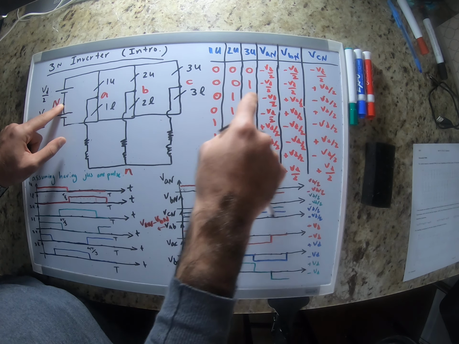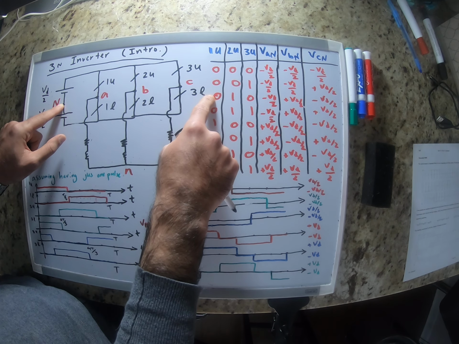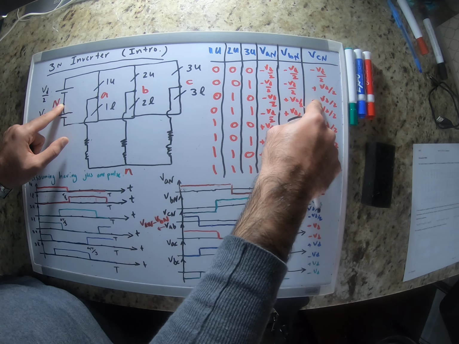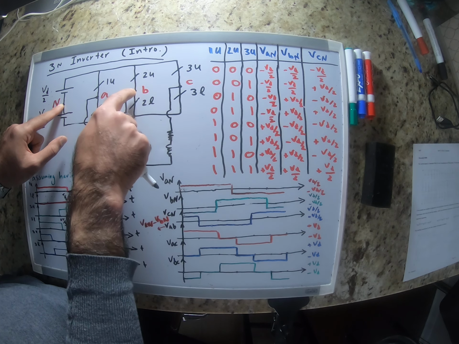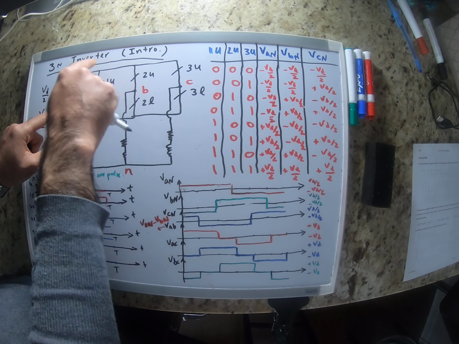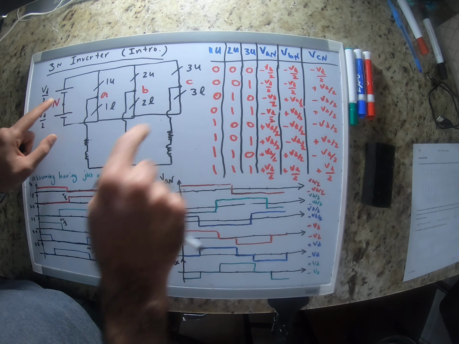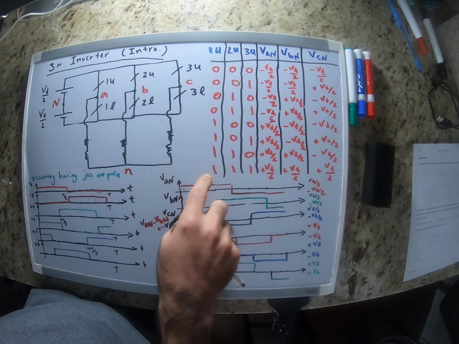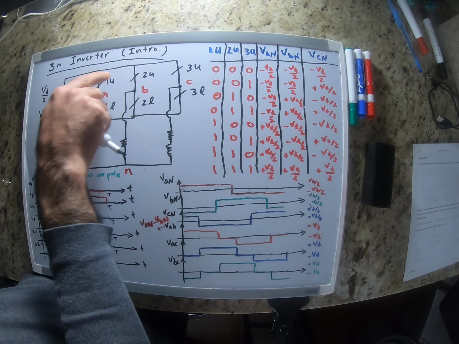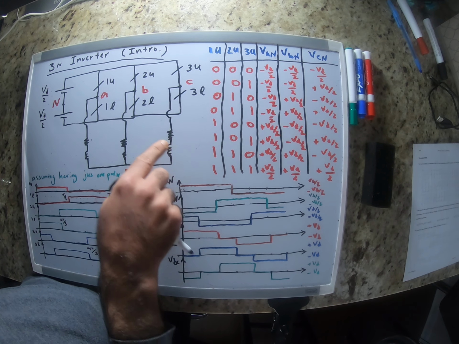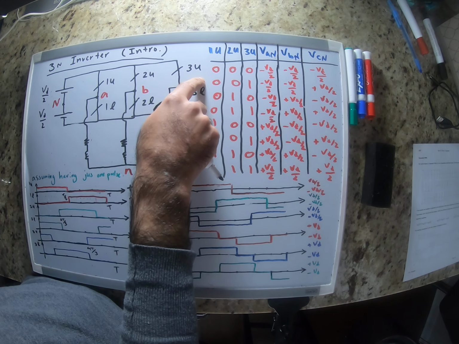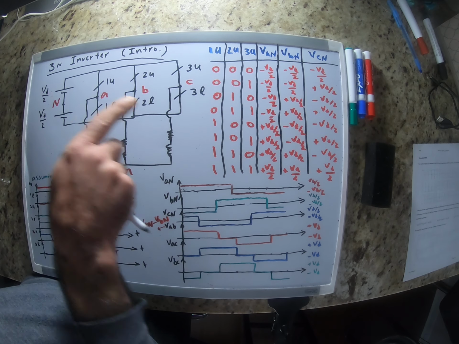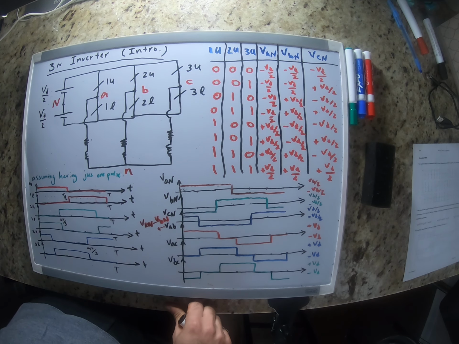For this one, VAN and VCN are going to be negative VD over 2, but VBN, because it gets connected to this source, is going to be positive VD over 2. The same thing continues for the other states. When we have all three upper level switches on, all three phase voltages with respect to this neutral point are going to be positive VD over 2.